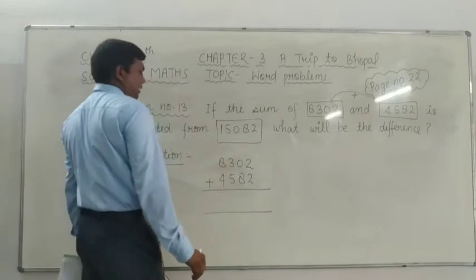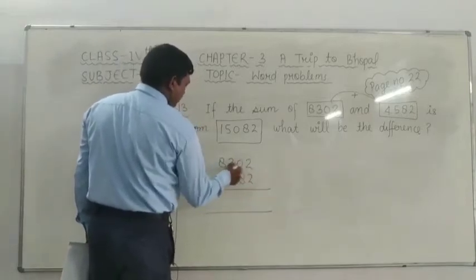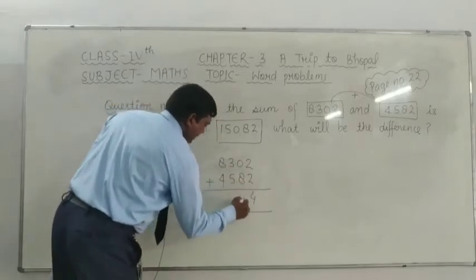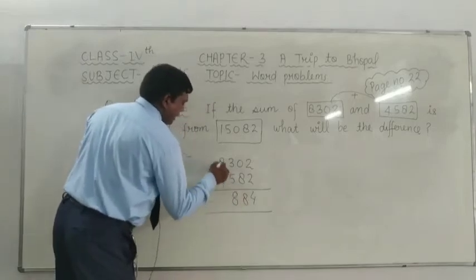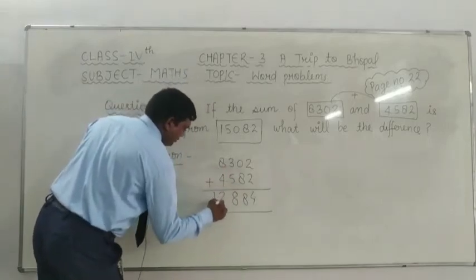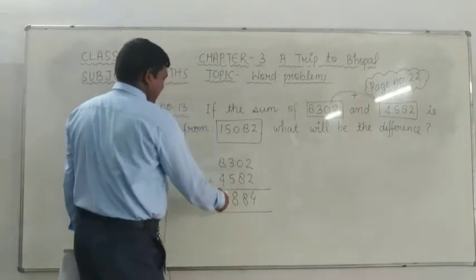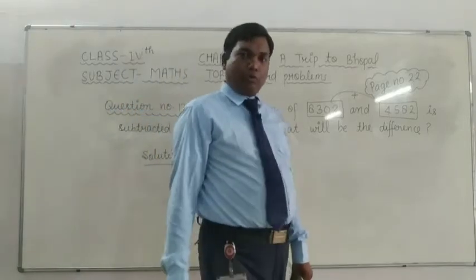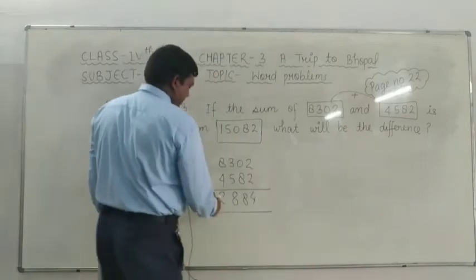Look carefully: 2 plus 2 is 4, 0 plus 8 is 8, 3 plus 5 is 8, and 8 plus 4 is 12. It means that the addition is 12,884.